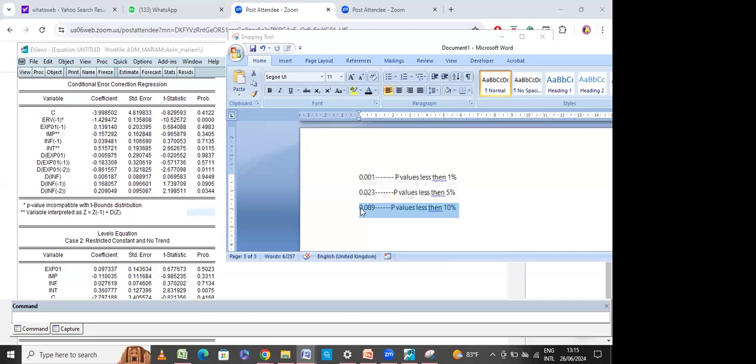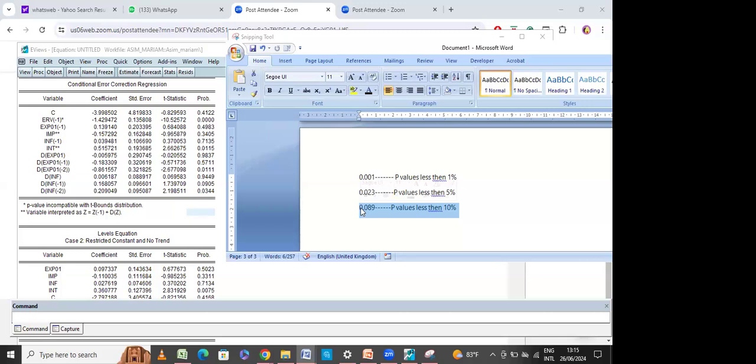This kind of relationship is not going to validate economic theory. How can we say that an increase in human development index will decrease economic growth? No, this is not validating the economic theory.